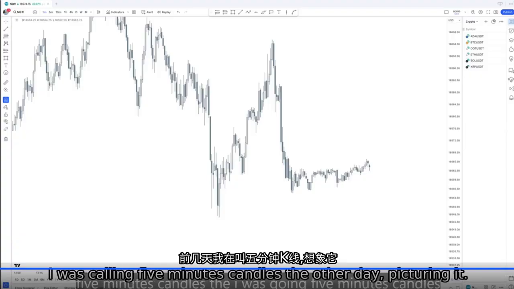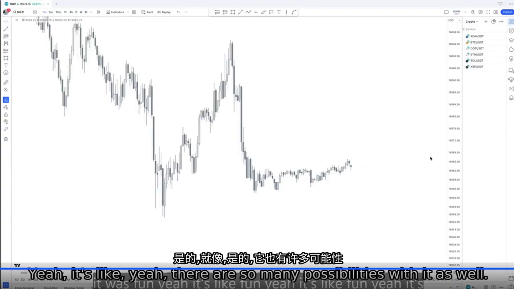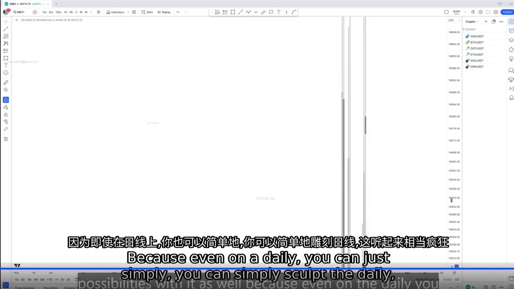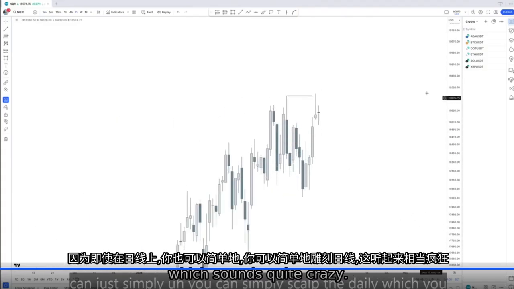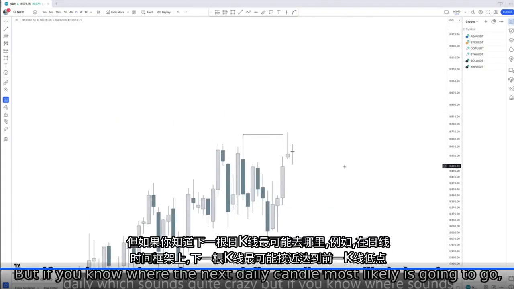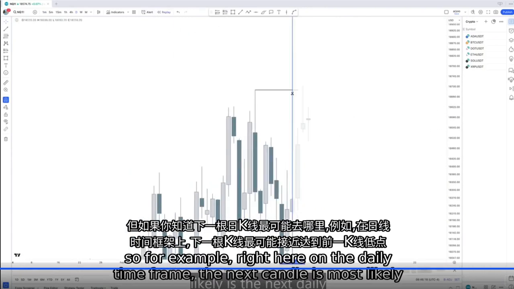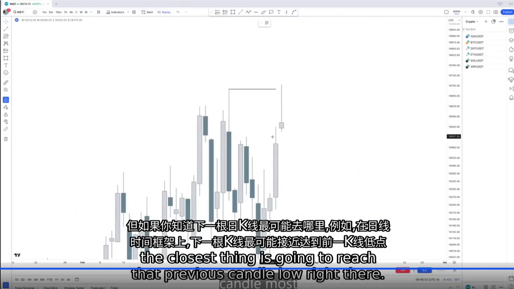I was calling 5 minute candles the other day, paper trading, and whoa, that was fun. Yeah, there are so many possibilities with it as well. Because even on the daily, you can just simply scalp the daily, which sounds quite crazy. But if you know where the next daily candle most likely is going to go, so for example, right here on the daily time frame, the next candle is most likely going to reach that previous candle low right there.